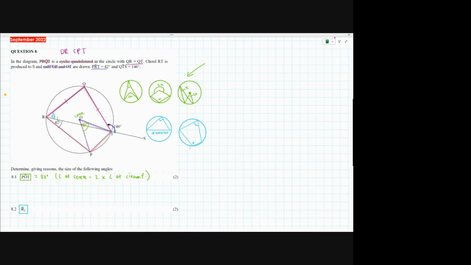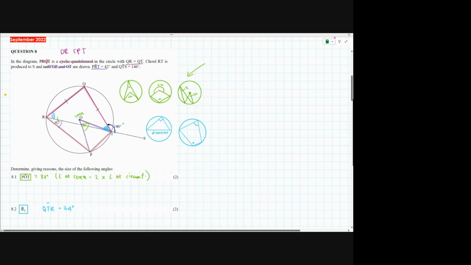Awesome. So basically, to find the angle T, I used angles on a straight line. Okay, so this angle over here. Yes, right there. Perfect. And then I know that R1 is equal to angle T because they tell us that QR and QT are equal, so the opposite angles are equal. Perfect, exactly. So angles on a straight line give us this angle QTR, which is 34.